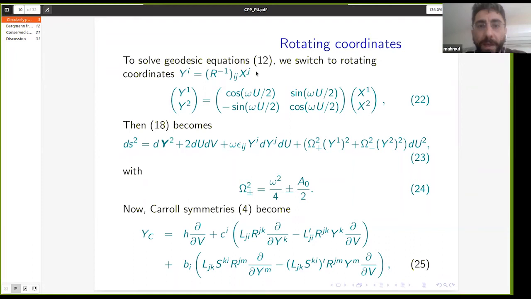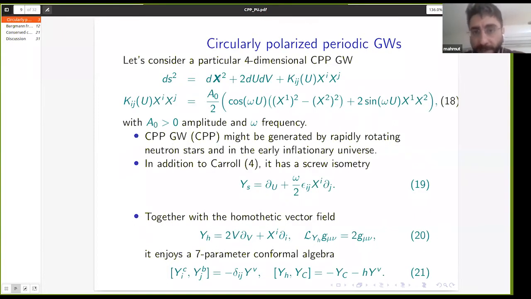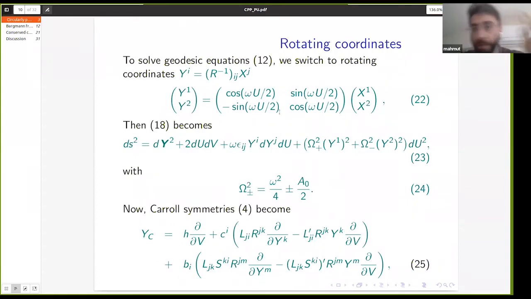And you keep U and V coordinates fixed and just make a rotation in the plane. Then you end up with a new metric. So you start with this metric, with this profile, and you make a rotation. It's a coordinate transformation that you can do. And then your circularly polarized periodic gravitational wave metric becomes a new metric.